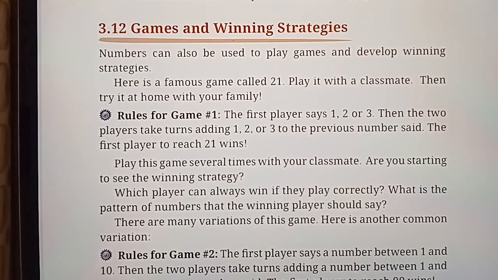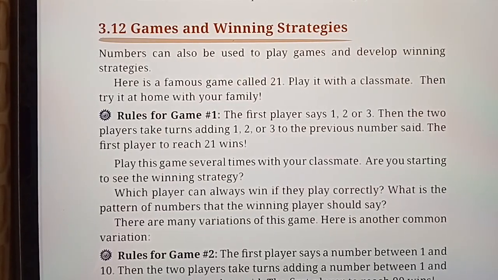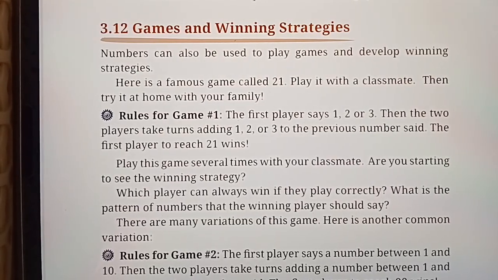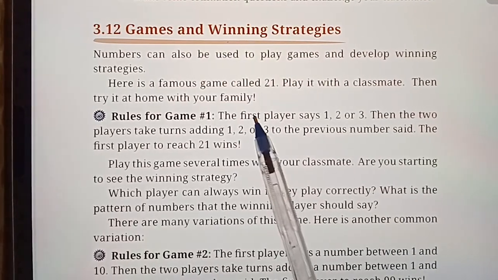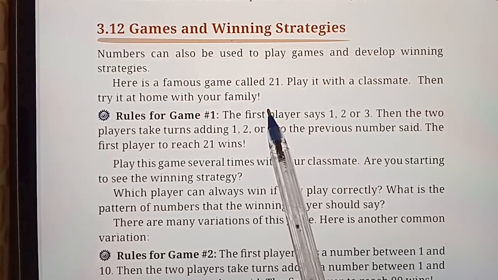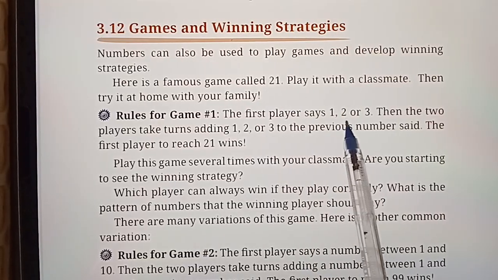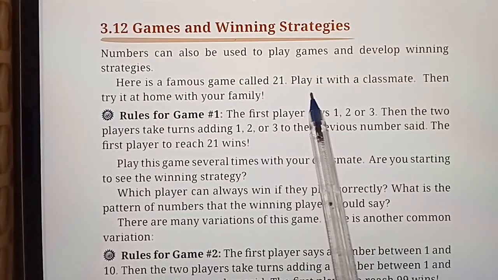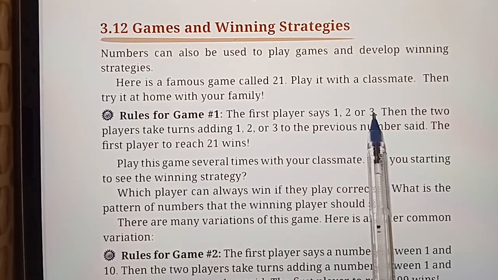The next topic is games and winning strategies. So numbers can also be used to play games and develop winning strategies. Game 1 is called 21. In this game, the first player says the number 1, 2 or 3. So if the player says 3, the second player can either add 2, 1 or 3 to it.